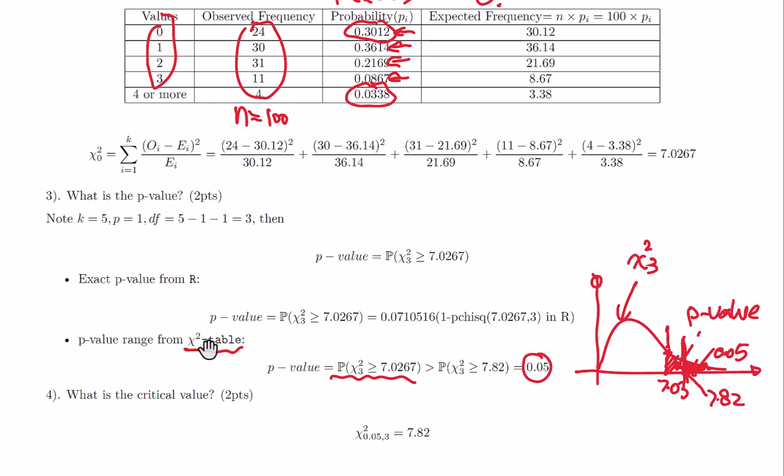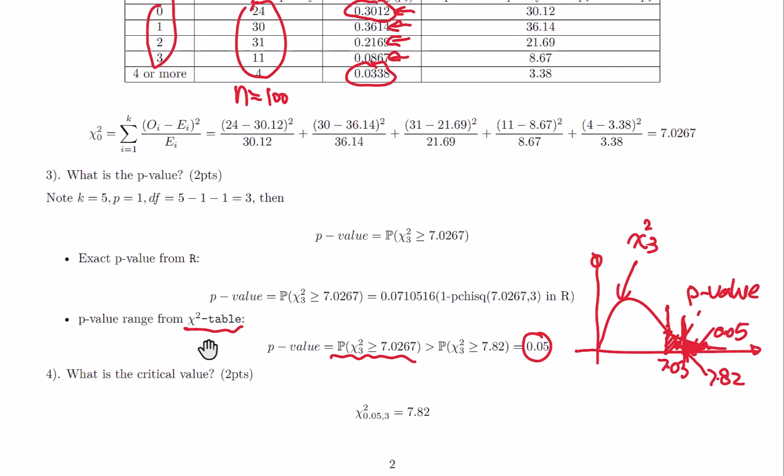That's going to be enough for us, because the rejection rule tells us whenever the p-value is greater than the alpha value of 0.05, then we fail to reject the null hypothesis, right? That's what I mean by the p-value range from the chi-square table. Of course, you could just use the R code to get the exact p-value.